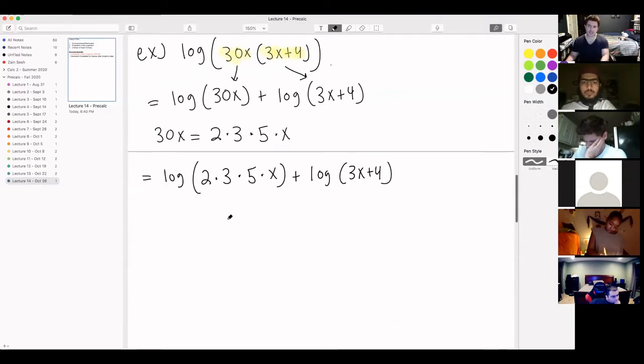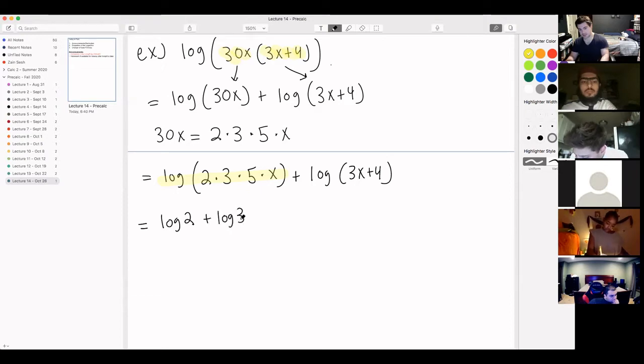I didn't do anything except rewrite the input of 30x into its prime factorization. And now, do you see that I can split up this first summand using the product rule? So this will be log 2 plus log 3 plus log 5 plus log x.